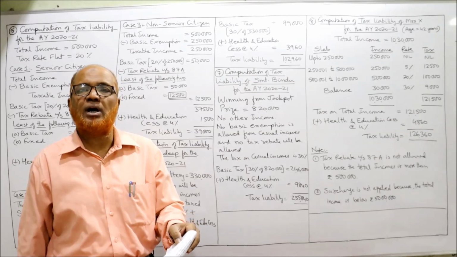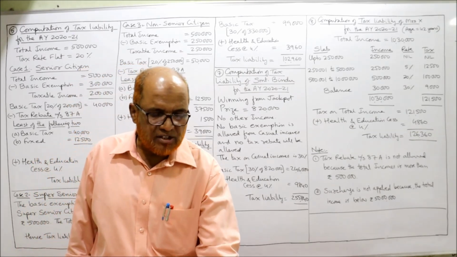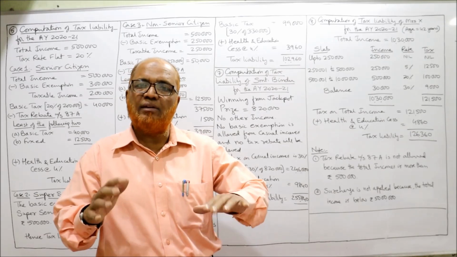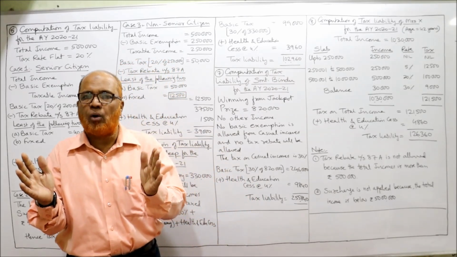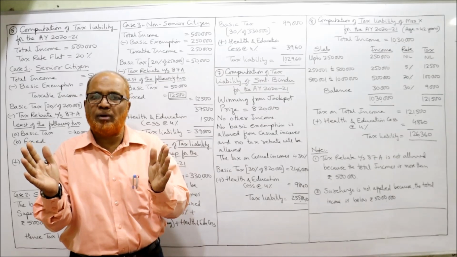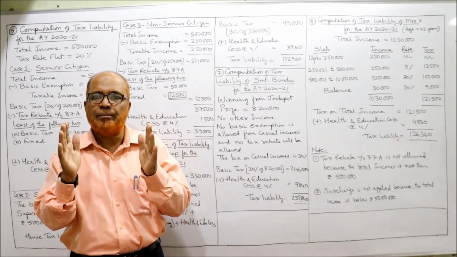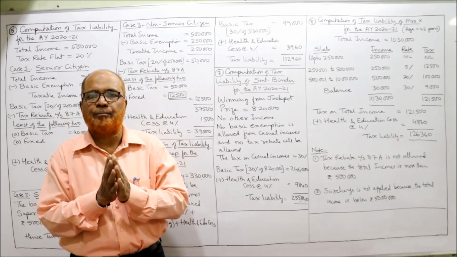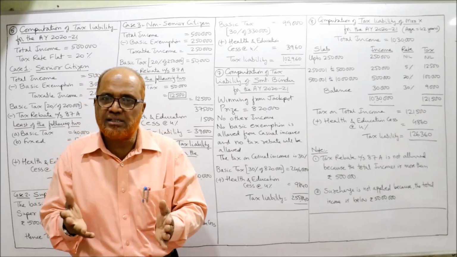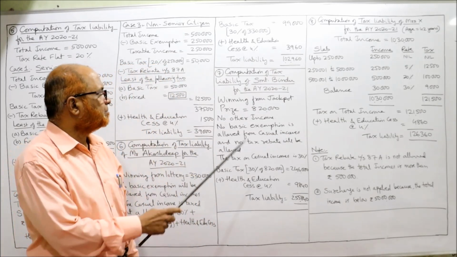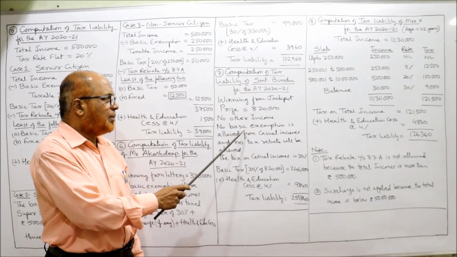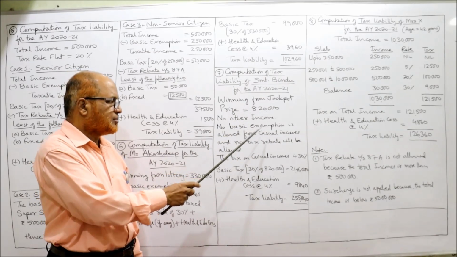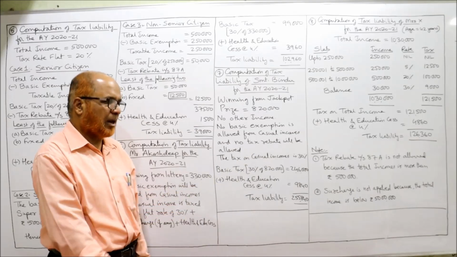So it is asking you to comment. First of all, we calculate the tax liability. Then we give the comment that no exemption and no tax rebate will be allowed from casual income, and jackpot prize is a casual income. So winning from jackpot prize 8,20,000, no other income, no basic exemption is allowed from casual income and no tax rebate will be allowed.